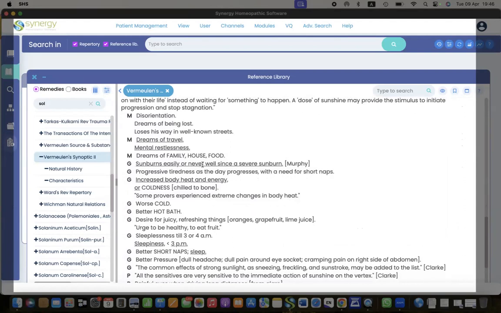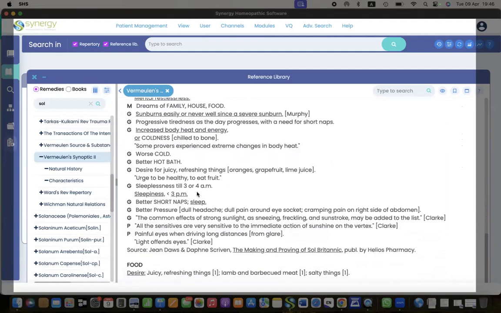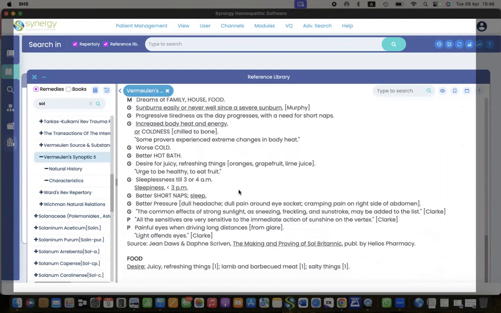Sunburn we spoke about, and let's see what else. There's sleeplessness till 3 or 4 a.m., whereas remedies like blue can wake up at 4 a.m.